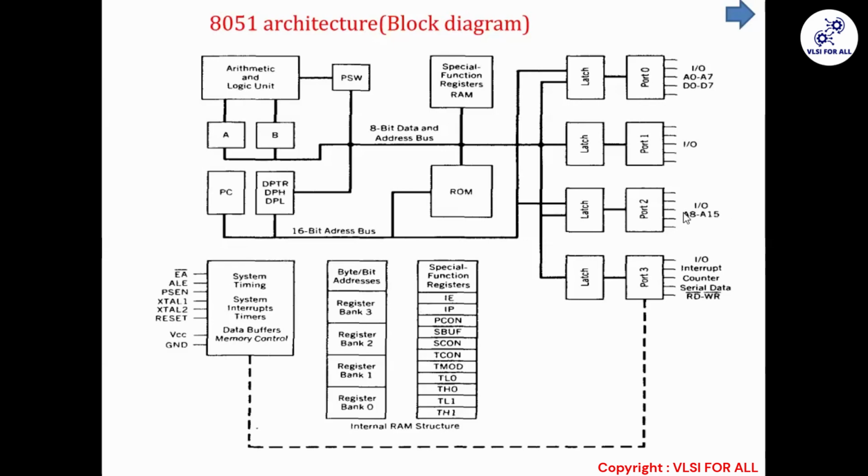A15 to A8 means 8 bits here, and A0 to A7 again 8 bits here. How many bits do I have? 16 bits. And if we have 16 bits, 2 to the power 16, that much external memory I can deal with. Can anyone tell me how much memory 2 to the power 16 means?